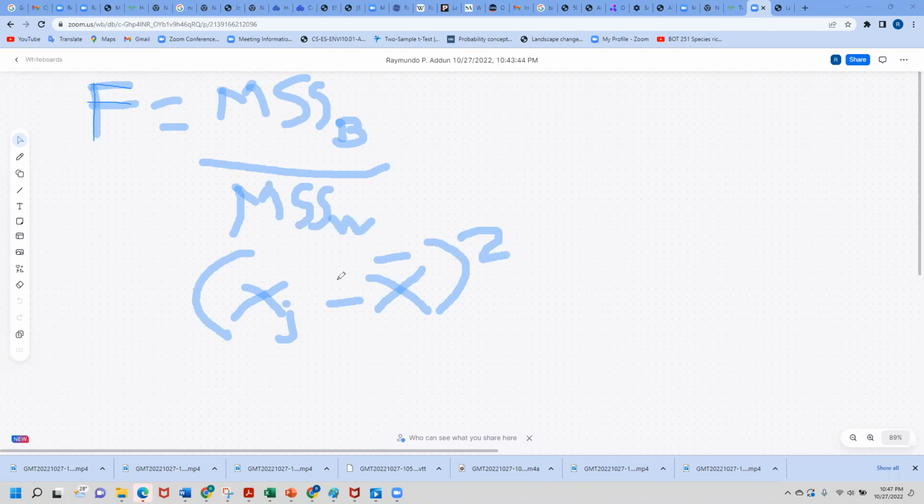You just square the difference. That's why it's sum of squares, and then you multiply that with the number of items of the J group. So NJ.